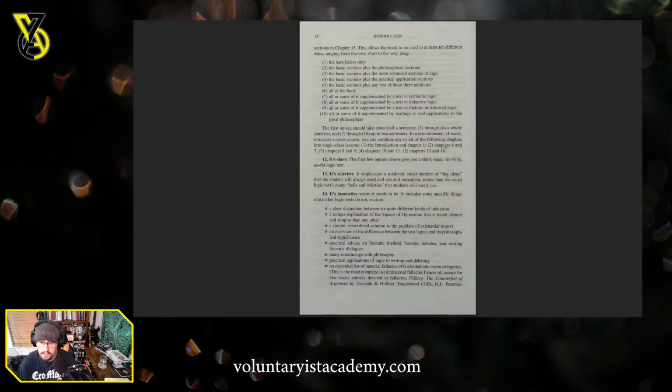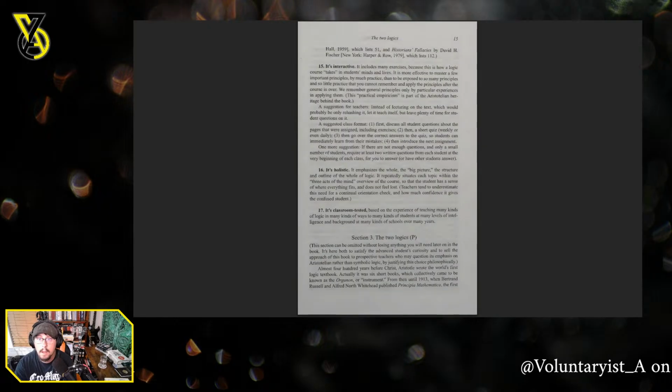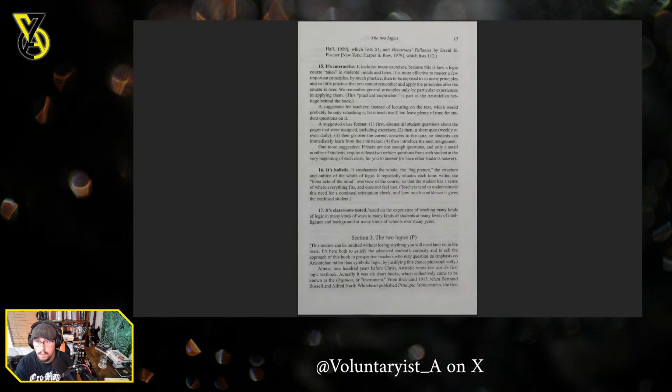This is the most complete list of material fallacies that I know of, except for 2 books entirely devoted to fallacies, which are Fallacy, the Counterfeit of Argument by Fernside and Halther, published by Englewood Cliffs, New Jersey, Prentice Hall in 1959, which lists 51, and the other book, the second of the 2, Historians' Fallacies, by David H. Fisher from New York, Harper and Row in 1979, which lists 112 fallacies.